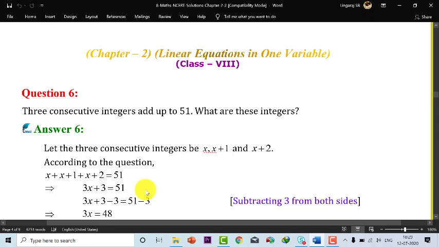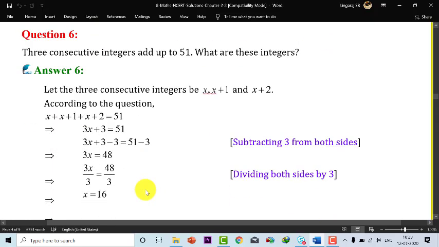According to the question, you can write x plus x plus 1 plus x plus 2. In consecutive numbers, each increases by 1. Okay, x is the first number and the next is x plus 1. Then the third number is x plus 2. From here to here 1 increase, from here to here 1 more increase.